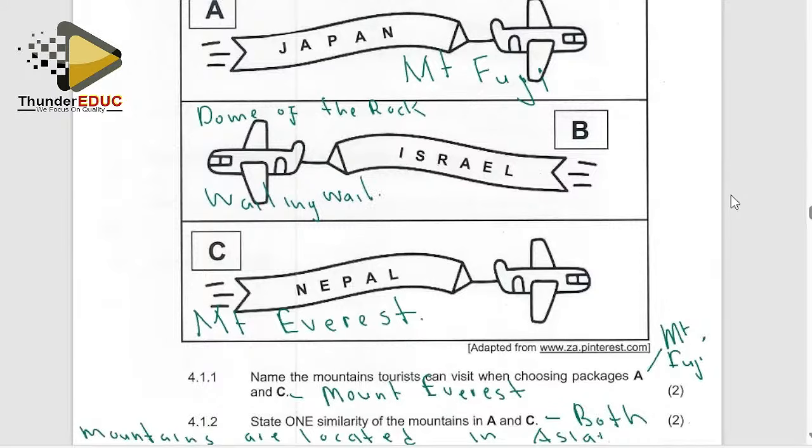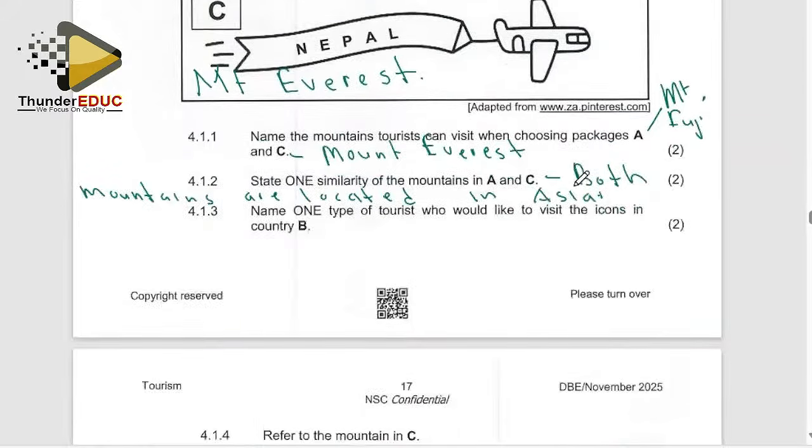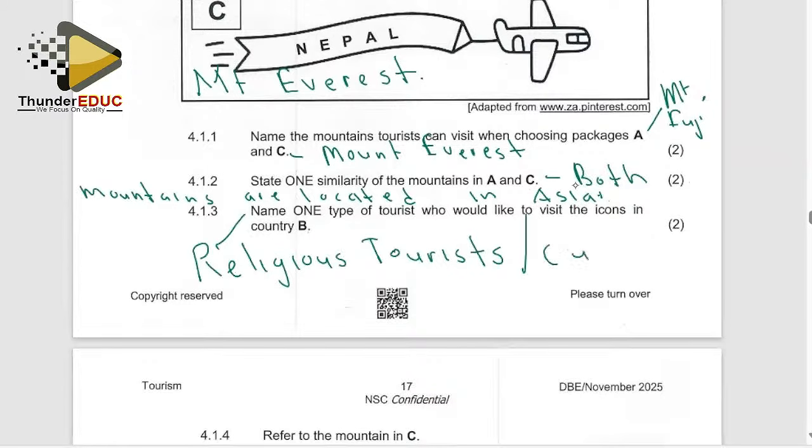These are the attractions. So now let's determine what type of tourist is interested in this. This is a religious tourist. People go there as a pilgrimage site, or you can refer to them as cultural tourists. So these are basically religious tourists or cultural tourists.